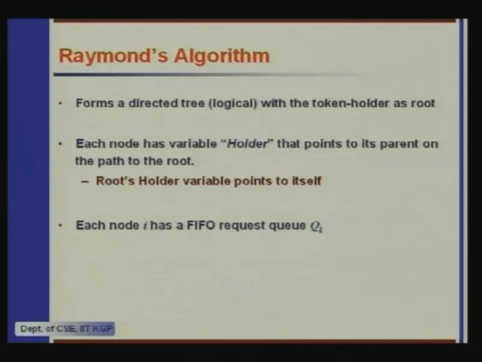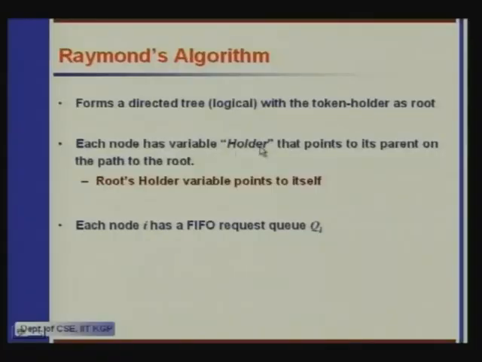Every node has one pointer pointing to its parent. Every node only knows its parent. A node does not know which children it has, it knows only its parent. Each node has a variable holder that points to its parent on the path to the root.